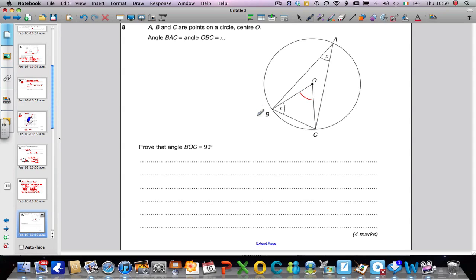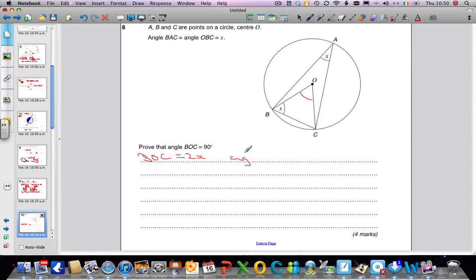Well, if you know your circle theorems, you should know that angle BOC must be equal to 2x. Why? Because the angle at the center of a circle is twice the angle at the circumference.